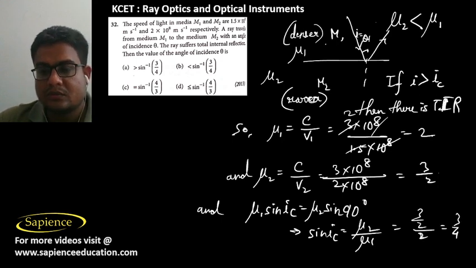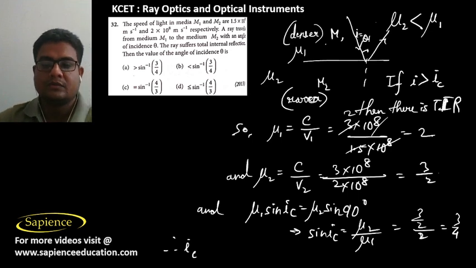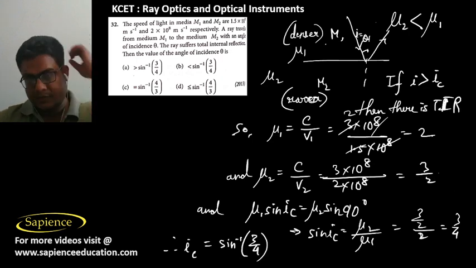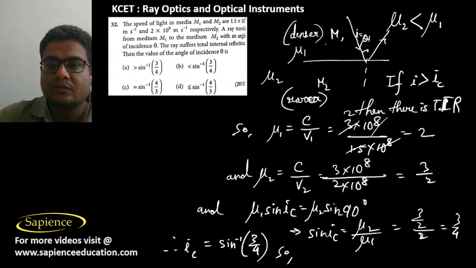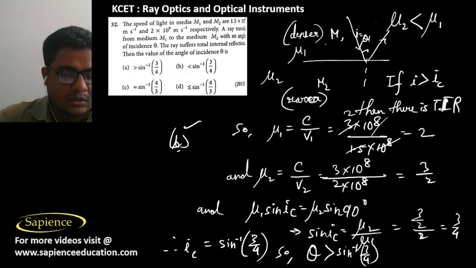That is equal to 3 by 4. Therefore, the value of the critical angle will be sine inverse of 3 by 4. So therefore, here the value of this angle of incidence theta should be more than sine inverse 3 by 4. Sorry, theta should be greater than sine inverse 3 by 4. So option A is the correct answer.